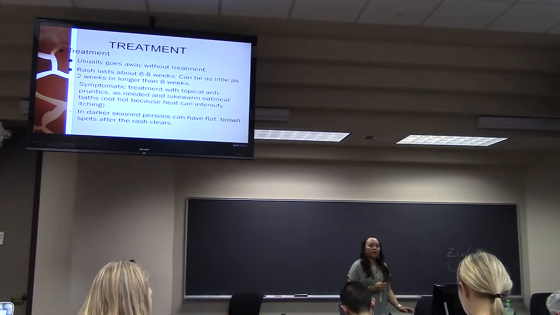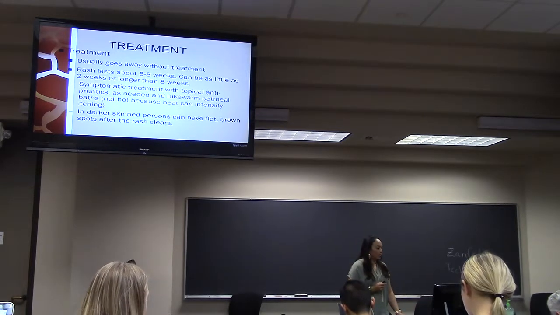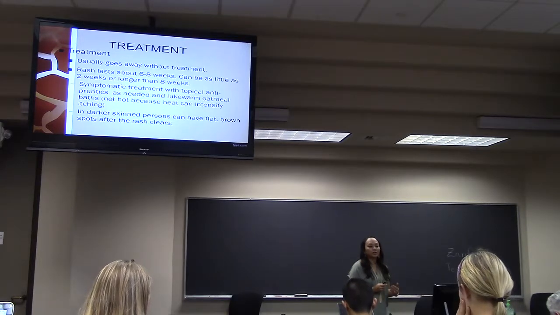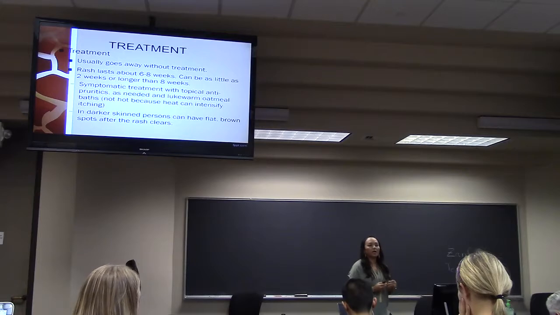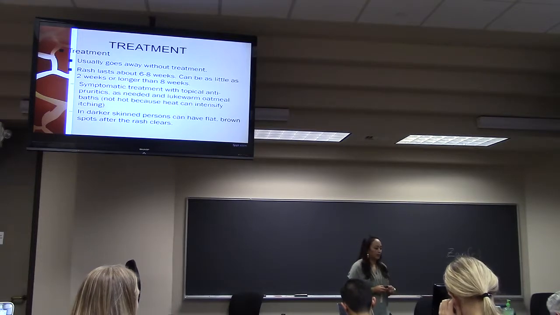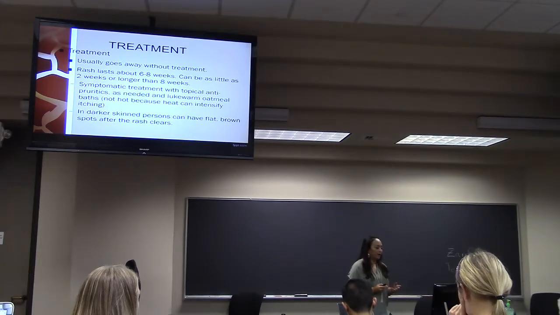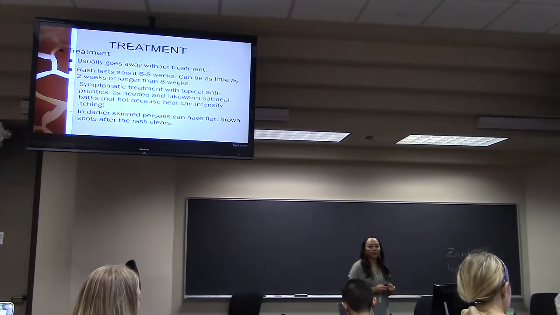So how do you treat lichen planus? Usually it goes away without treatment. It can last 6 to 8 weeks, as little as 2 weeks, and sometimes longer than the normal 6 to 8. Again, if they itch, you want to give them an antipruritic. You can give them Claritin, Zyrtec, or a topical antihistamine. Oatmeal baths, which I don't know if you all did when you were little, when you had chicken pox.